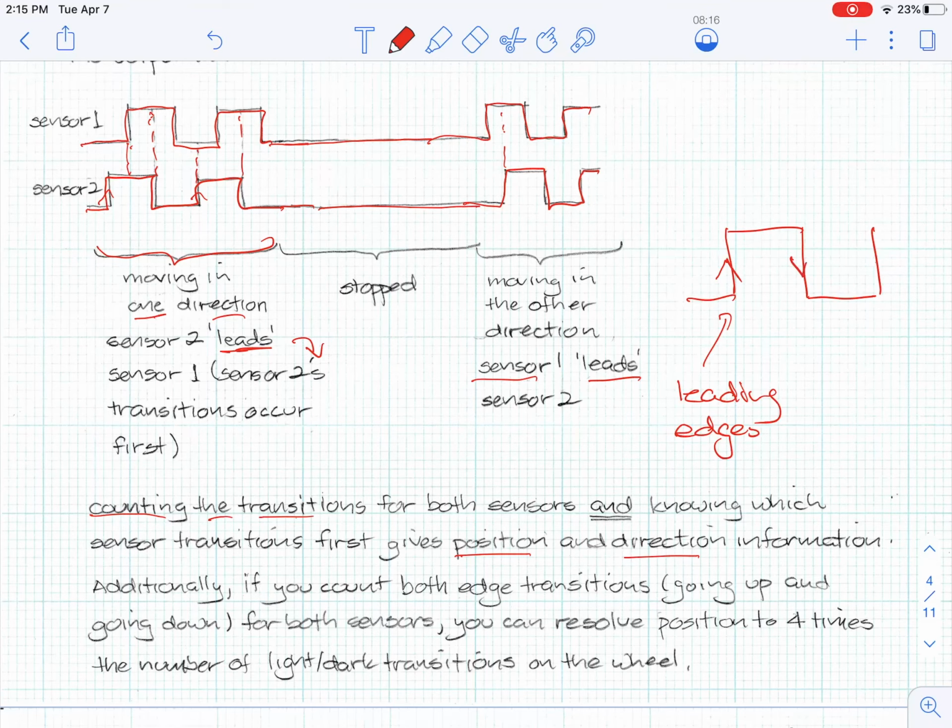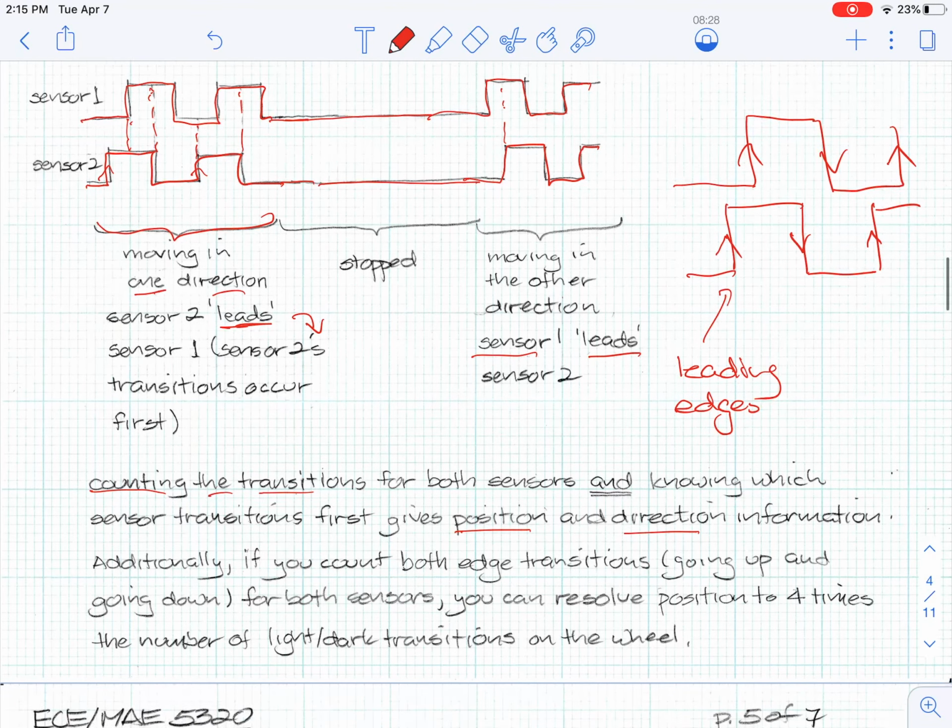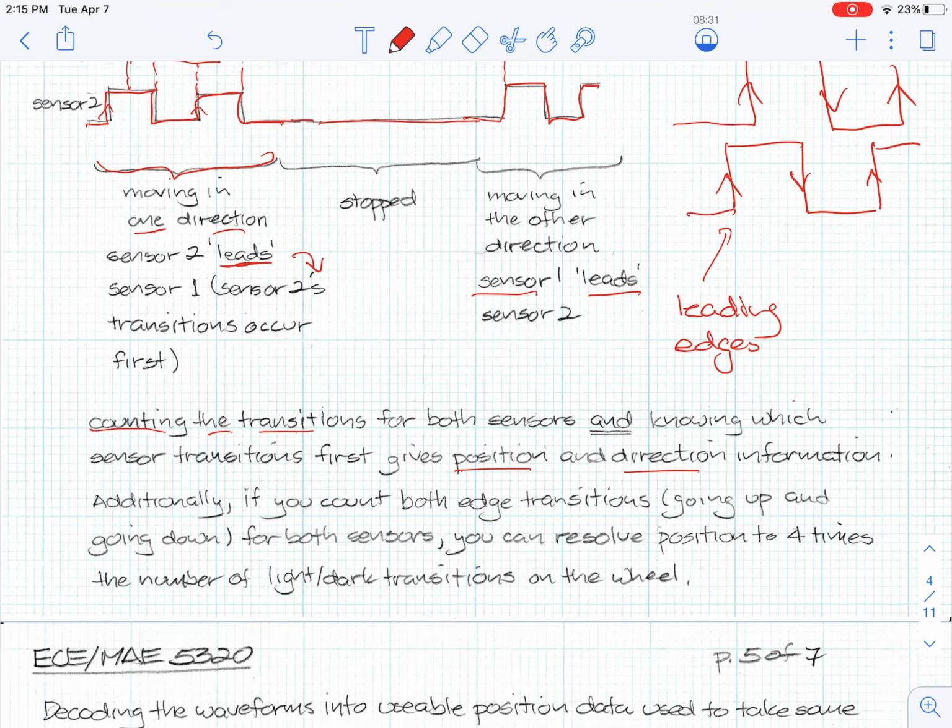If I count both the leading and trailing edges, and for both sensors, so I've got the other sensor doing something like this, and I count that one, and that one, and that one, then I can get 4 times the resolution out of this, and that's called quadrature, also quadrature measurement. So I resolve the position to 4 times the number of light-dark transitions on the wheel.